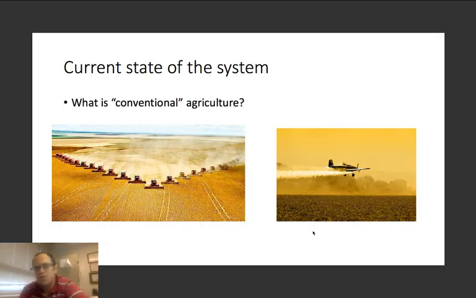You can imagine that's a huge operation, many millions of dollars going into that particular image in the form of capital. And that's not limited to operations on the ground. That's a crop dusting operation. Maybe it's a fertilizer, maybe it's an herbicide or a pesticide that's being sprayed.